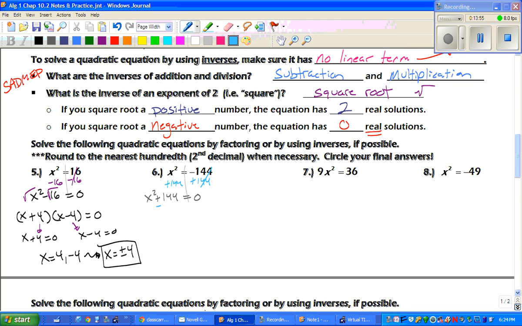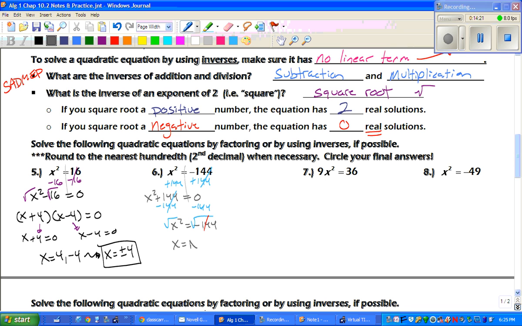Okay, so if I'm doing inverse operations, yep, we're going to move it back to the other side. And we get x squared equals negative 144. Now, the inverse of a square is a square root. And when you do that, you actually can't, okay, because it's a negative number.